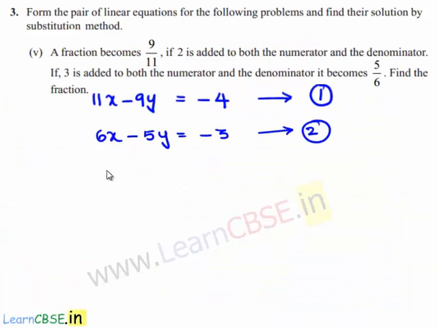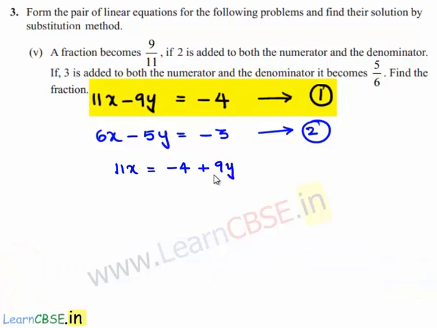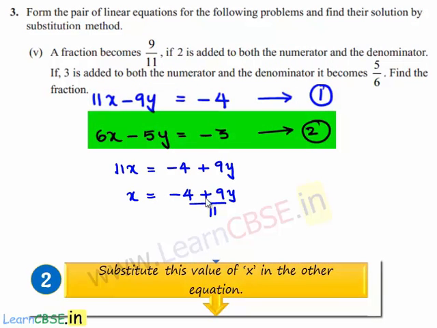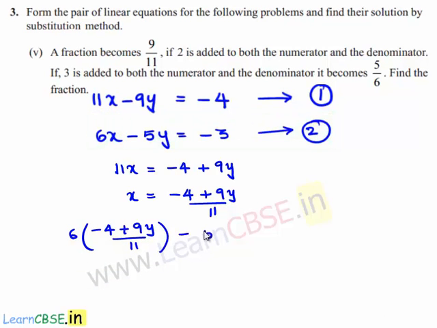Now, the first equation can be written as 11x is equal to minus 4 plus 9y. That is, x is equal to minus 4 plus 9y divided by 11. So let us substitute the value of x in equation number 2. That is 6 times of x, which is 6 times of minus 4 plus 9y divided by 11, minus 5y is equal to minus 3.